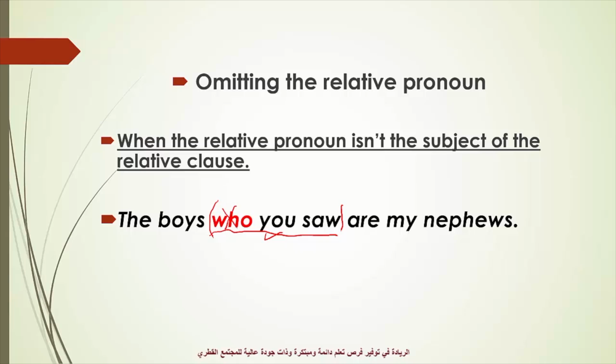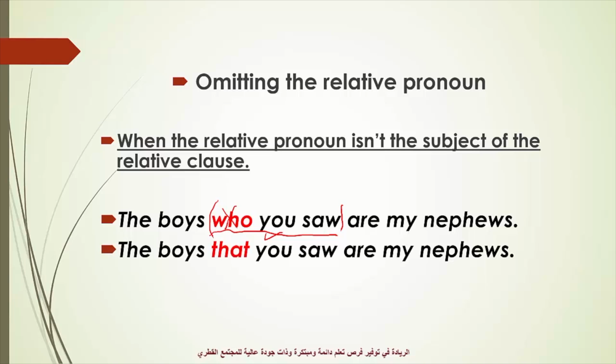So we can say the sentence without who: the boys you saw are my nephews. Also, in the second example, the boys that you saw are my nephews. Here, also the subject of the relative clause is you, not that.